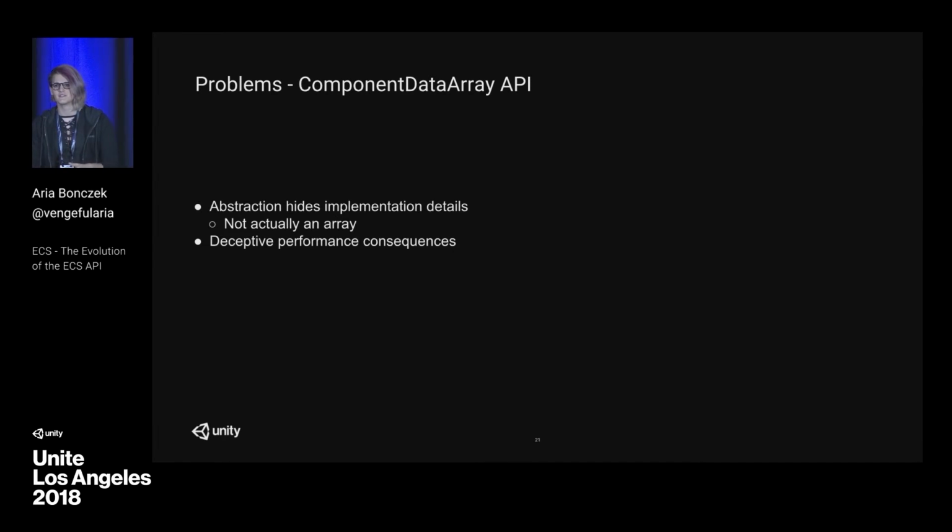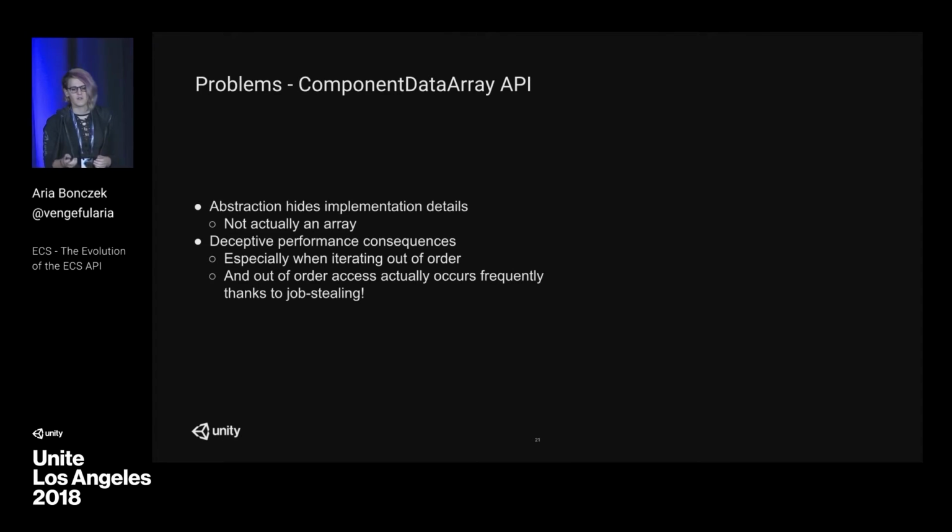Whenever you access pieces of data from this thing, which should be one of the fastest things that you can do, it turns out to be more expensive than that, especially when you're iterating out of order, because the system then has to recalculate, oh crap, you went backwards, okay, so now I'm making sure that I'm on the right chunk here, and I have to recalculate where I'm at, which is just no fun.